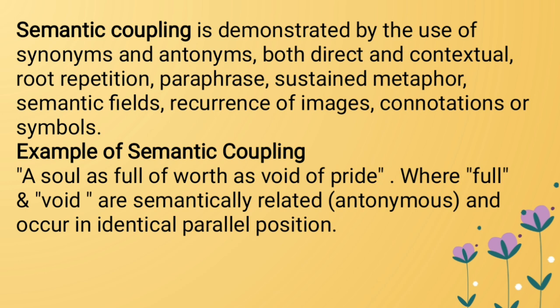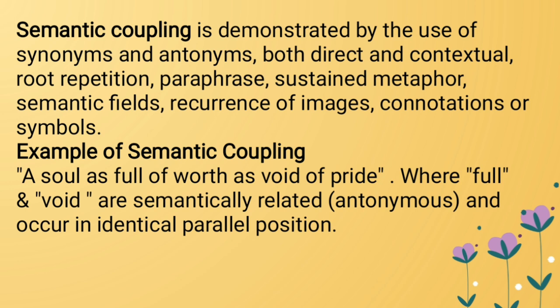So by means of using synonyms and antonyms in the particular sentence, both direct and contextual, root repetition, paraphrase, and other forms that can make it stand out in that particular sentence.